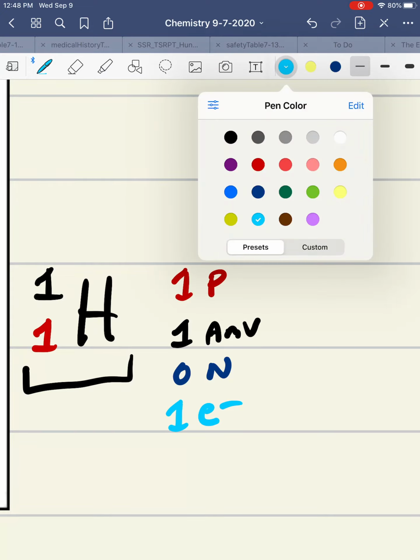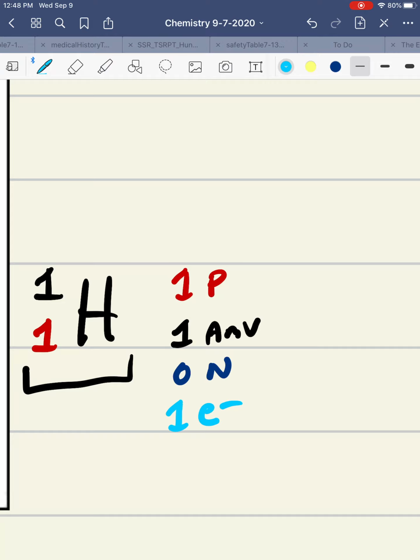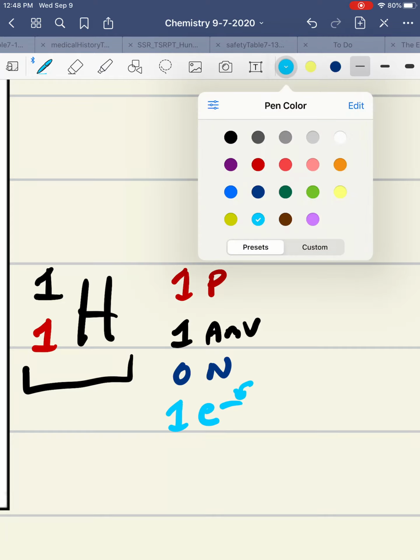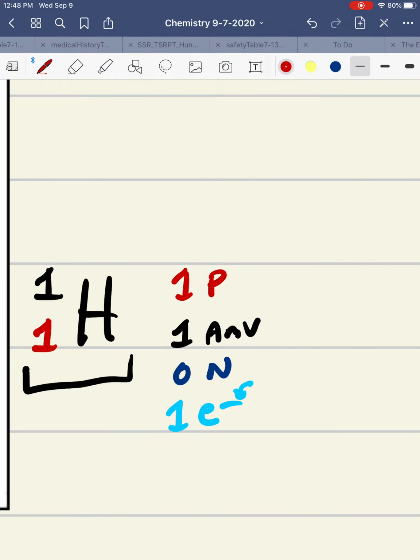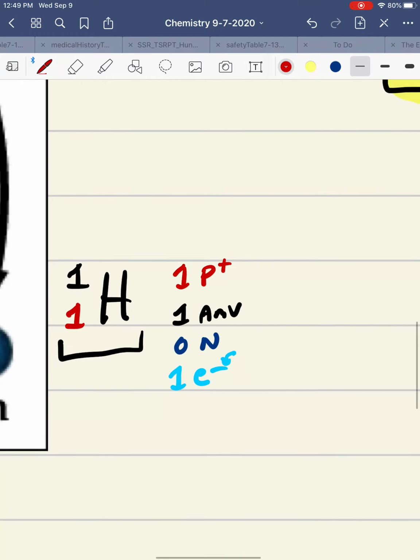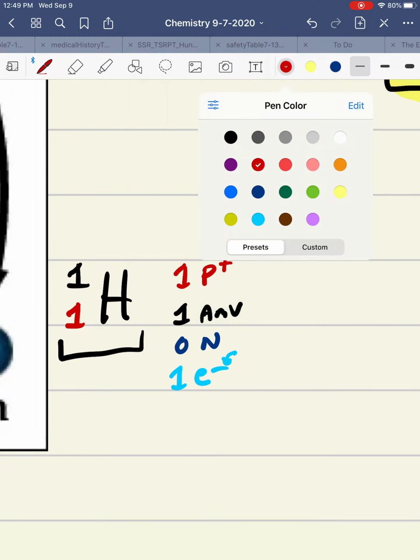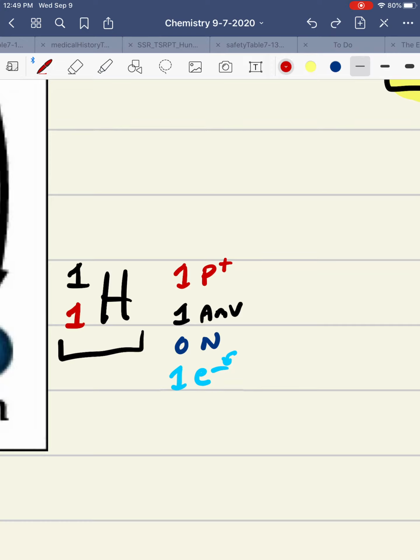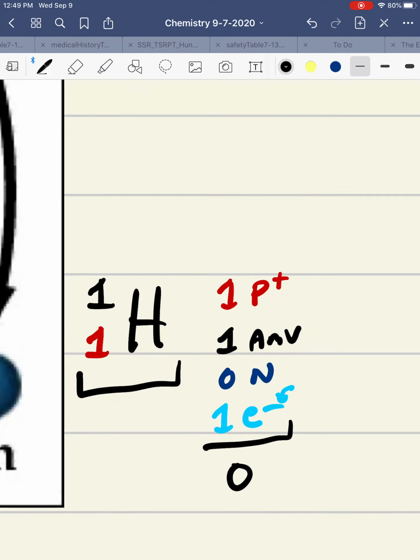So 1 negative charge plus 1 positive charge, this is a proton, right? Protons are positively charged, will give us a net charge of 0. And usually in chemistry, you don't have a 0 up here, right? It just shows that there's no net charge.